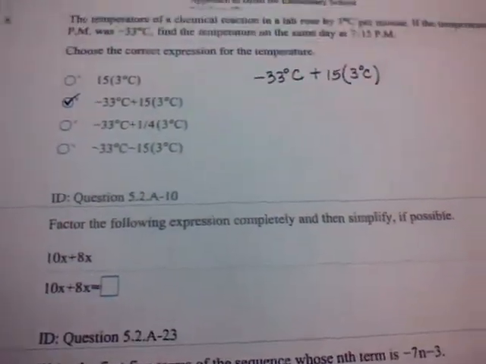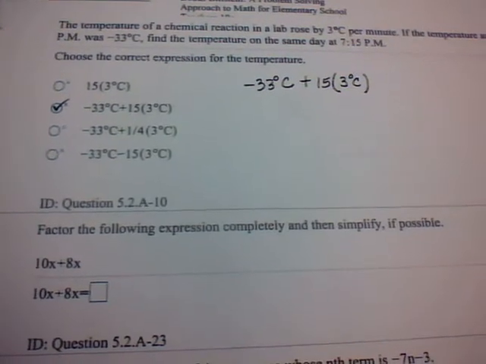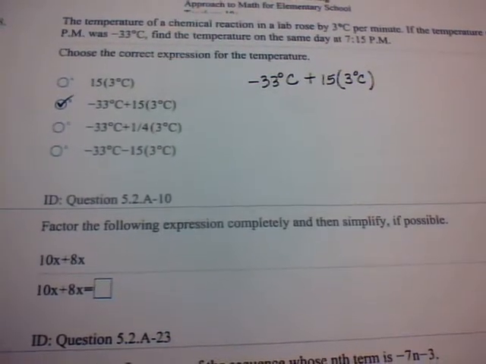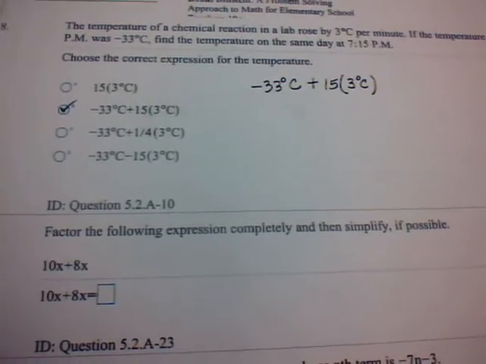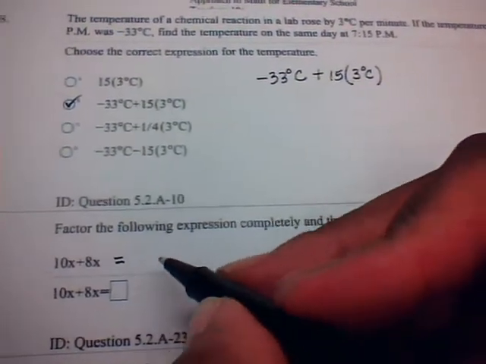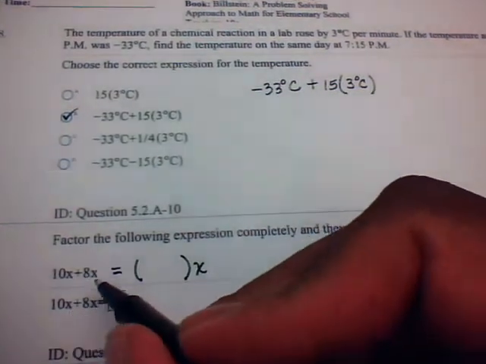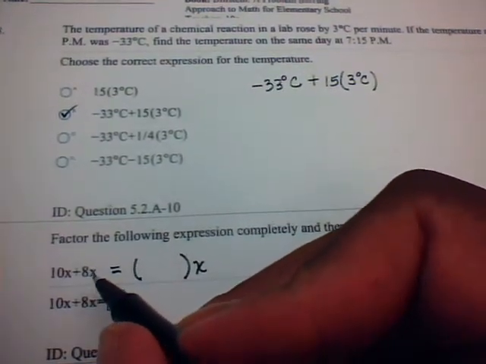Then number 9 is to factor the following expression completely and then simplify if possible. Here we got 10x plus 8x. Well, in this case here, the way they want you to factor this is, of course, the common factor in this expression is x, because x is in both 10x and 8x.